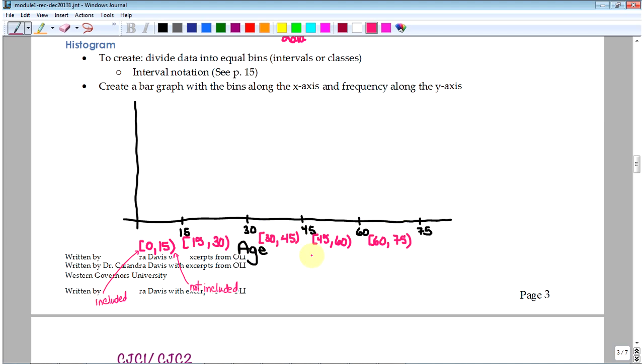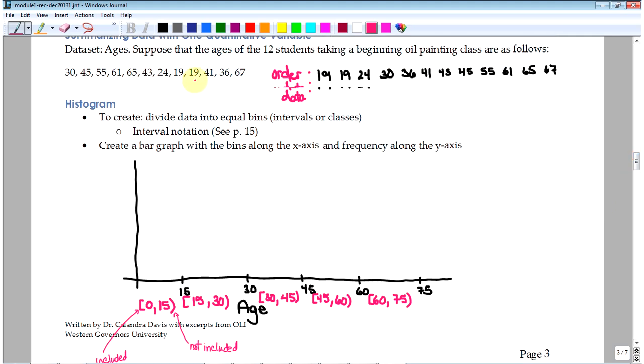All right, so that will be my x-axis, and my y-axis is going to represent the frequency. So the frequency that we have something in that bin, or in each bin. So somebody aged 0 to 15, we don't have anybody, so that's going to be flat, nothing goes there. However, when we go from 15 to 30, not including 30, okay, we have 3.